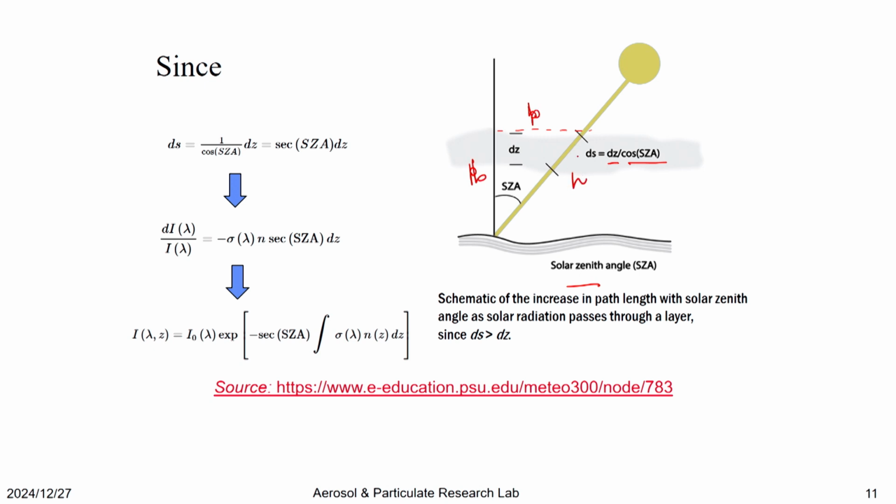So ds is the hypotenuse, and cos theta is written as the base upon the hypotenuse. I just remember this so that you can remember, and you can see that ds can be written as dz upon cos SZA, and then I upon I0 can be written as sigma n sec of SZA and dz.